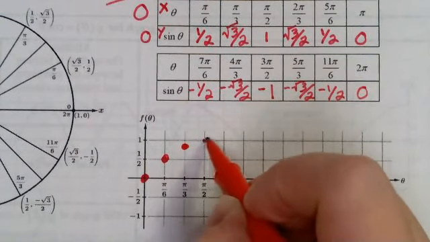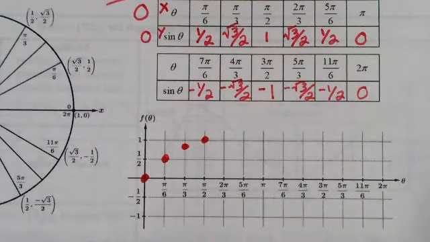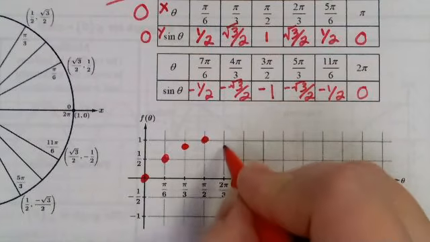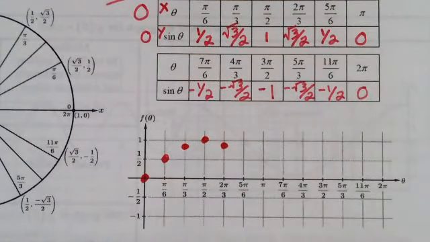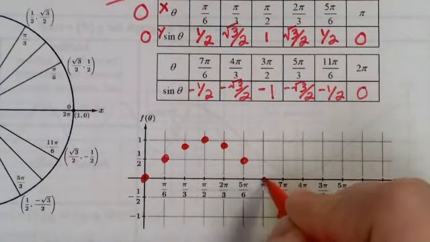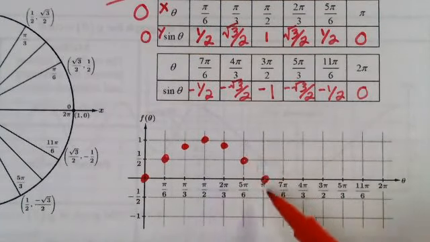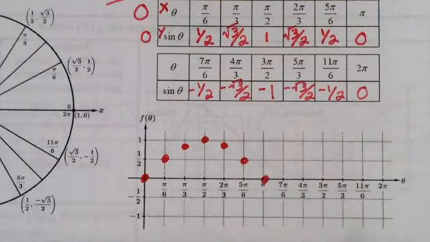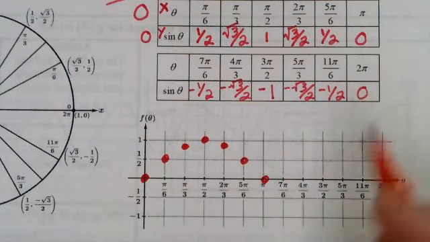Pi over 2, we get all the way up to 1. Now it's going to start dropping. So at 2 pi over 3, it's going to drop down again to root 3 over 2. 5 pi over 6, we're at 1/2, and at pi, we're at 0. So you're seeing this whole arc. Now at this moment, you might feel like this is going to be a parabola shape, but hold on, make sure that we get the full table copied down here.